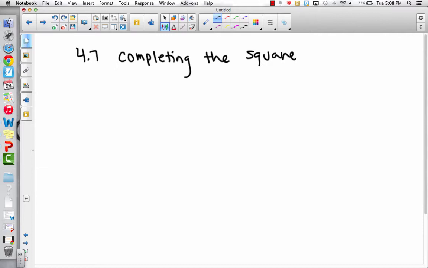So what I want to start off with first is just what we call a perfect square trinomial. This is going to be really helpful when we are trying to complete the square, because when we're completing the square, we are looking for a perfect square trinomial.